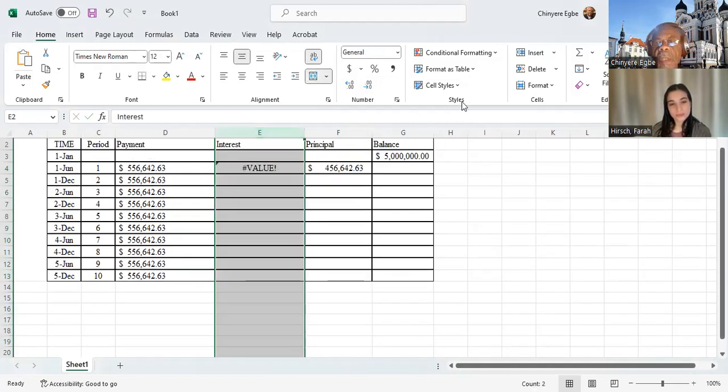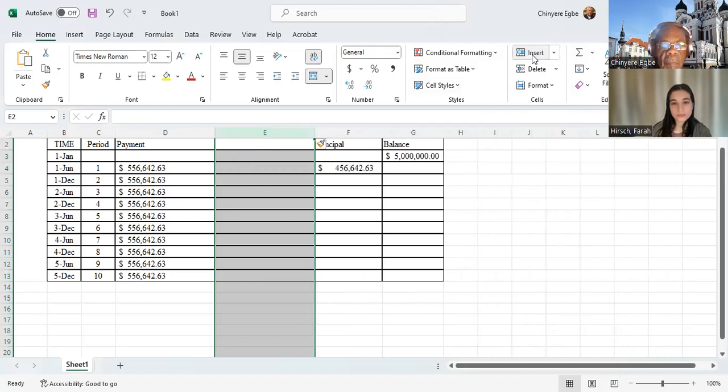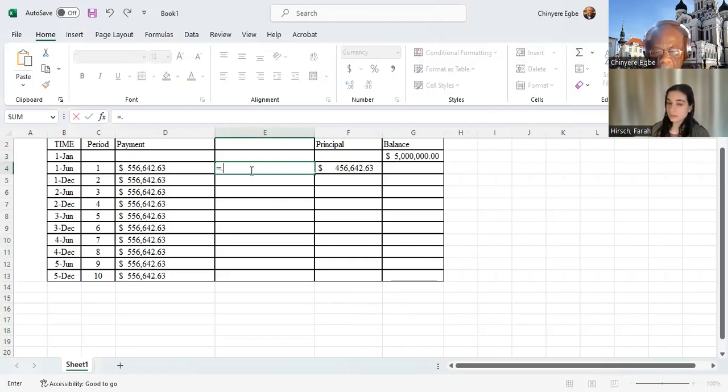Let me see if I delete it and recreate the column. This 102... 3.